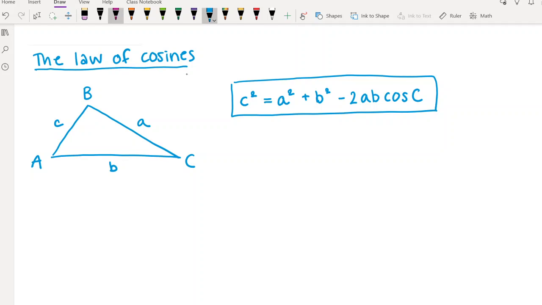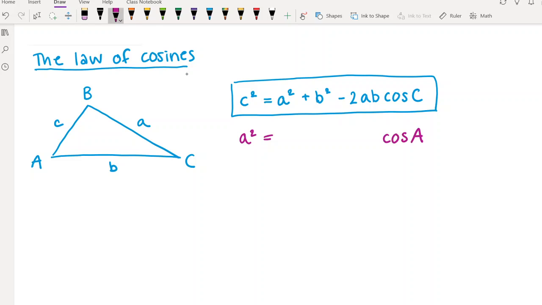In this case, notice that the only angle we're taking cosine of is angle C. But let's say maybe you knew angle A and you wanted that to be the angle you were taking cosine of. So let's say we wanted to have a cosine of A here.